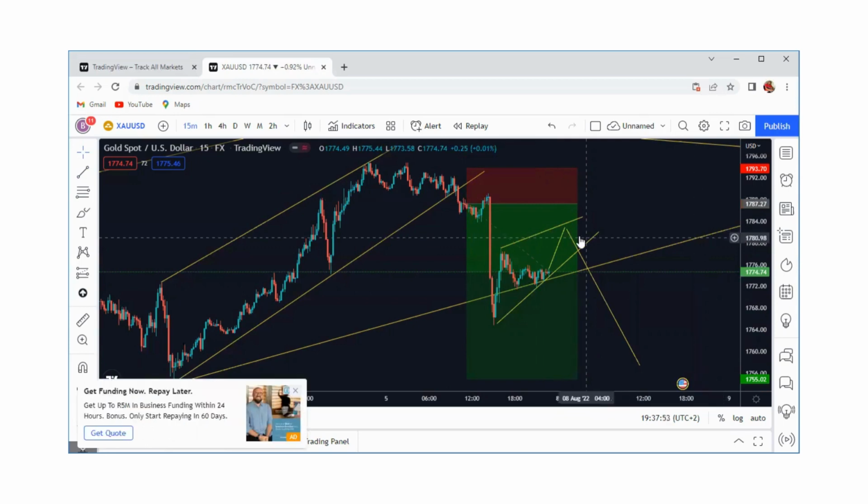So if it does a continuation pattern, obviously it will take me out. Then I'll wait for a risk entry here. Then it will be my first trade, because the one that I did first will have taken me out. I'll wait for another entry. Then my second entry might be here if it goes as I planned.